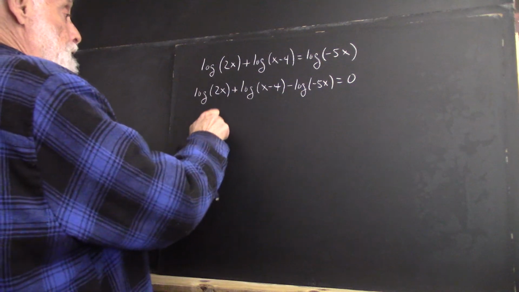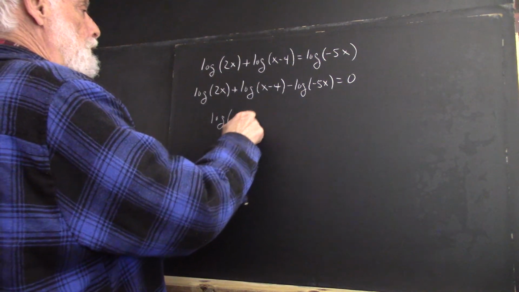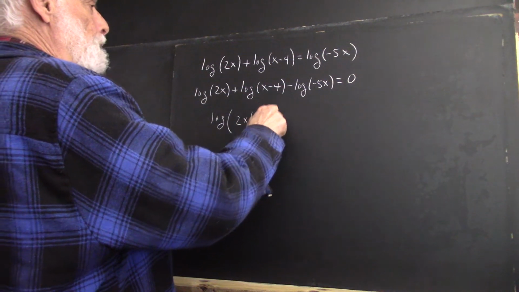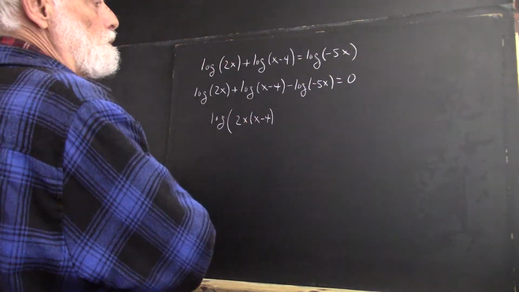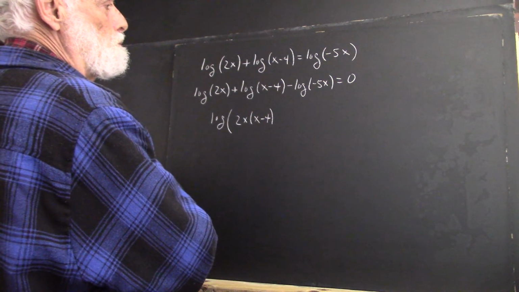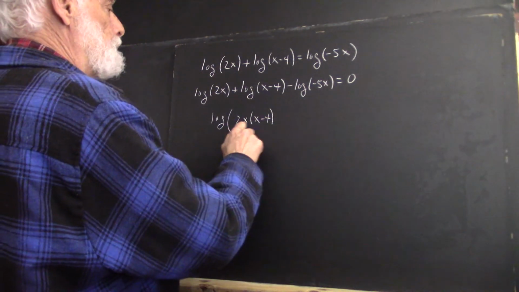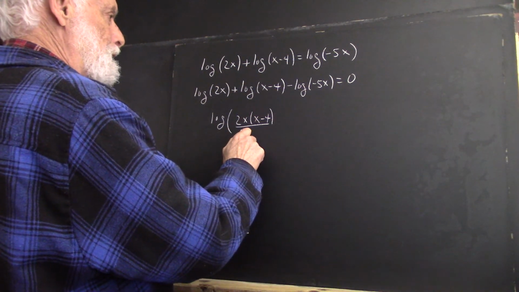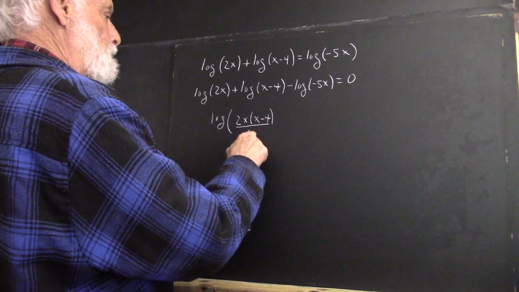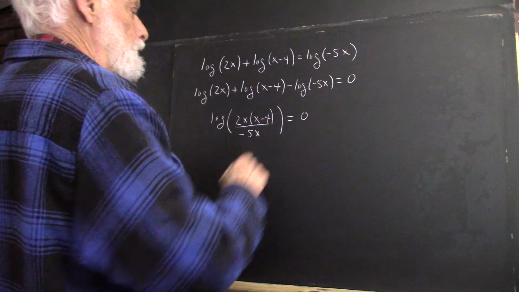Then we can write this as the log of 2x times x minus 4 over negative 5x equals 0.